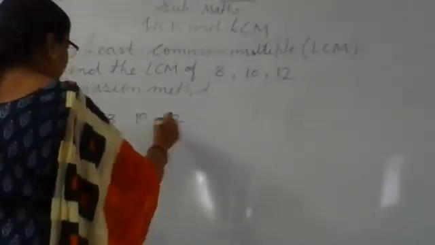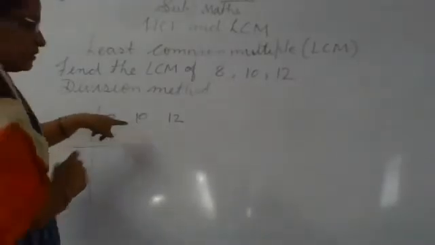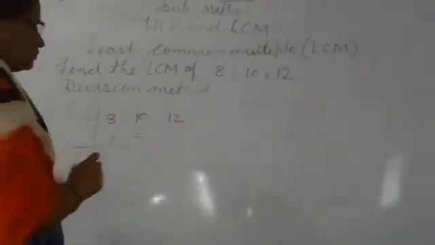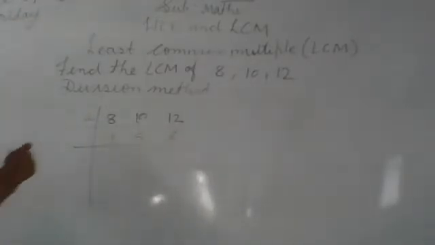2 4s are 8. Divide this 10 by 2: 2 5s are 10. Now divide this 12 by 2: 2 6s are 12. Now again see, these two are even numbers, so again we will take 2.